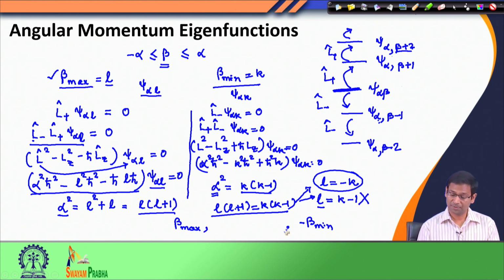And the other possible beta values are obtained when I subtract 1 from beta max, or add 1 to beta min. So, now what I have is that for a given value of alpha, I have the eigenfunctions that go from beta max to minus beta min.